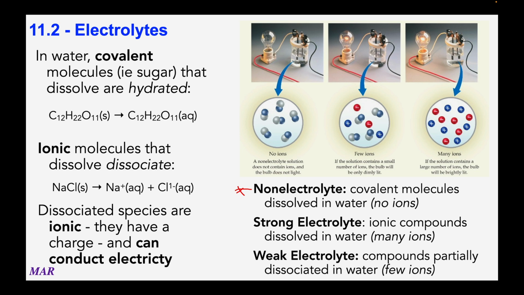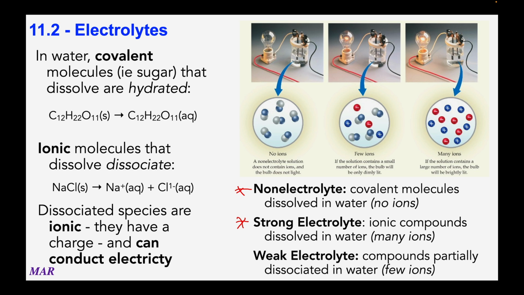On the other hand, on the far right, what happens with a lot of ionic compounds is they dissociate almost 100%. Sodium chloride, potassium nitrate, even hydrochloric acid will do this. Strong electrolytes are what usually happens when you place ionic compounds in water. You end up with lots and lots of ions.